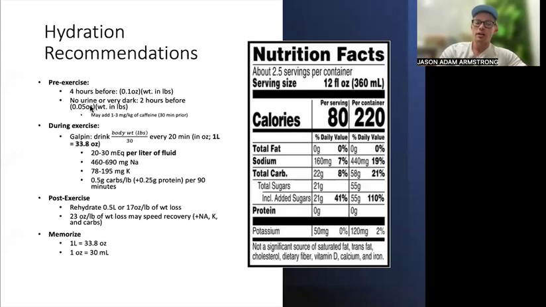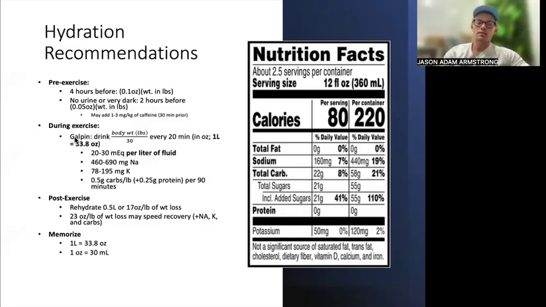If you do not urinate, or if your urine is dark 2 hours before engaging in exercise, you're going to drink again half that amount, so 0.05 ounces per pound of body weight. During that time, also, you may add 1 to 3 milligrams per kilogram of caffeine. Ideally, that's taken in about 30 minutes prior to exercise. Okay. And you need to know all of that, by the way.